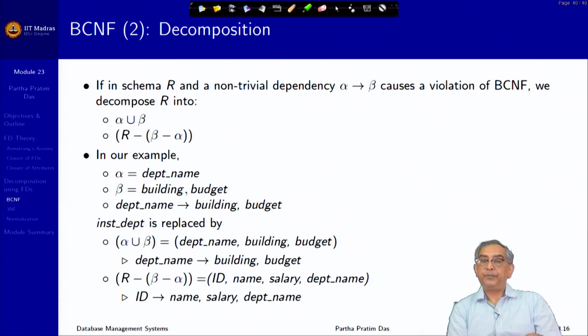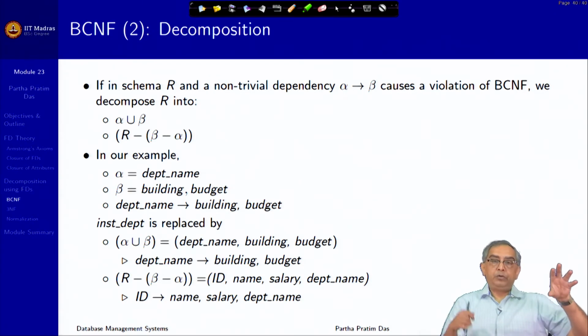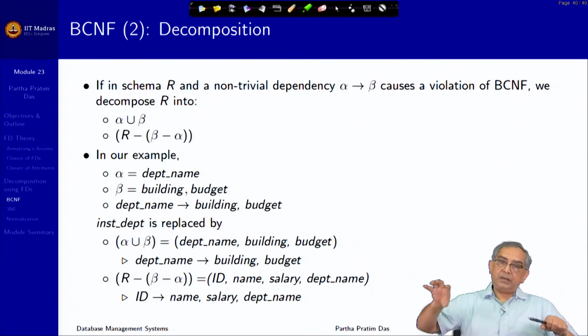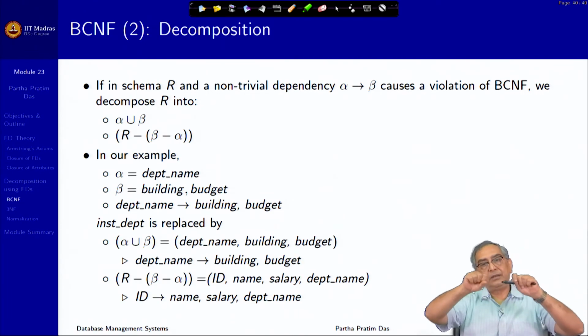R1 intersection R2 is department name, and department name is the key here. So, when you do the natural join from this relation department, you are getting unique entities to get related.